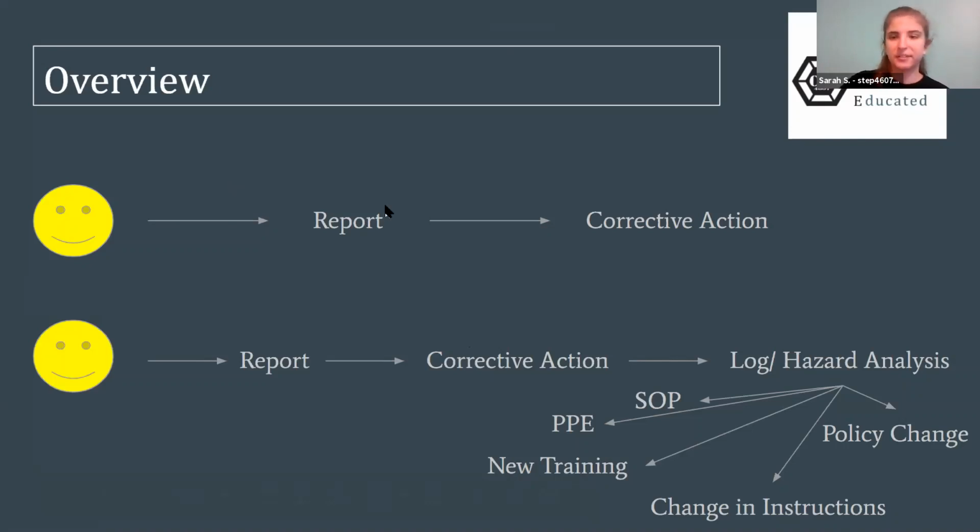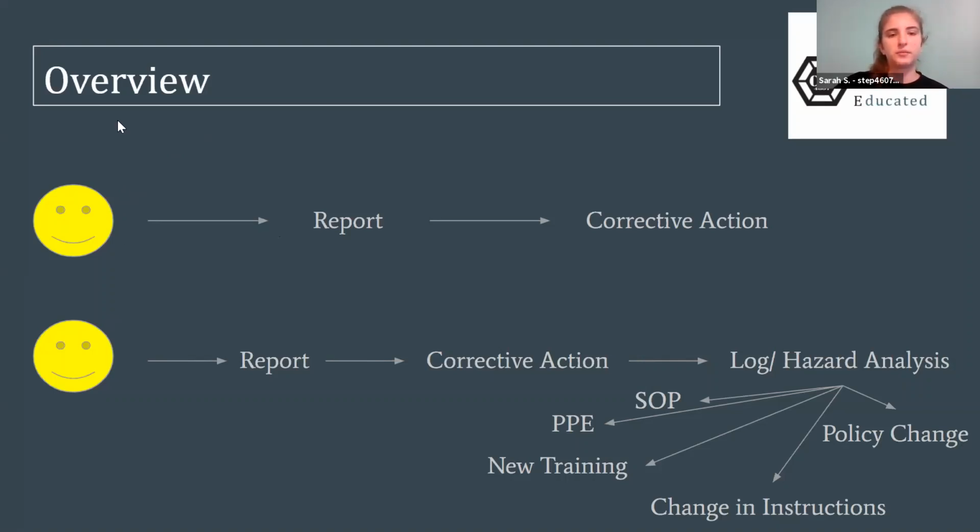Then we'd have corrective action, like, okay, Timmy, you're not going to have access to the knives, or we're going to show you how to use it. So that was what we had in place before: injury, report, corrective action.